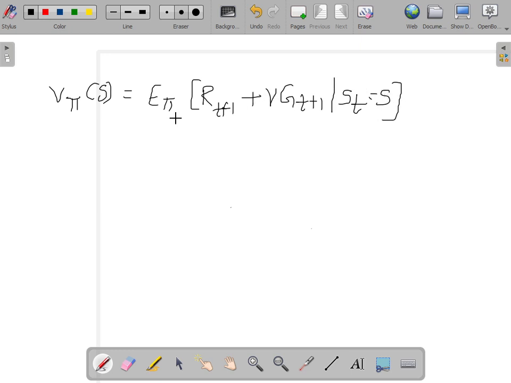So now what is this equation? This equation holds when you are 100% sure that the expected value of the state at time t is 100%.